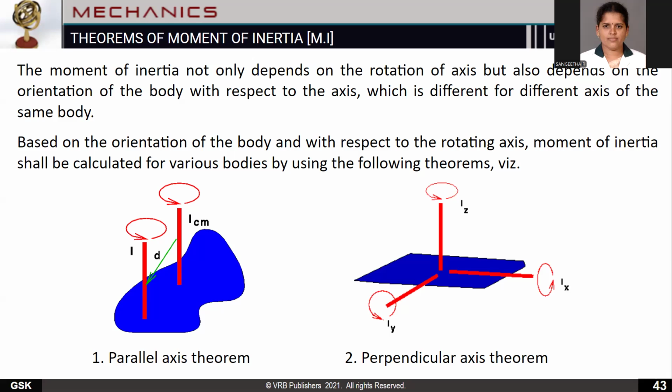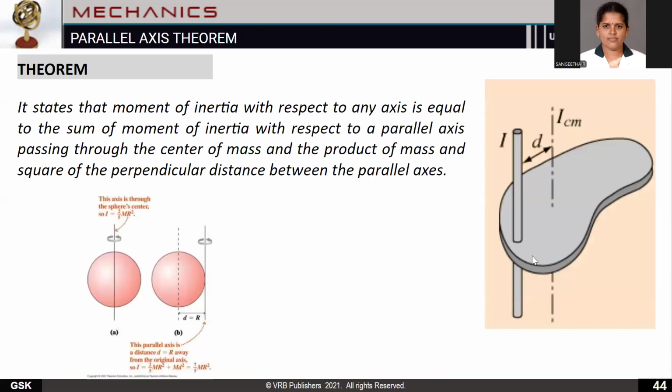It also depends upon the orientation of the body with respect to an axis, which is different for different axes of the same body. If the body is oriented about a different axis, then the moment of inertia will also vary. So based on the orientation of the body with respect to an axis, we have two theorems: the parallel axis theorem and the perpendicular axis theorem.